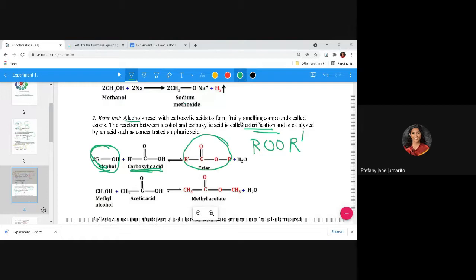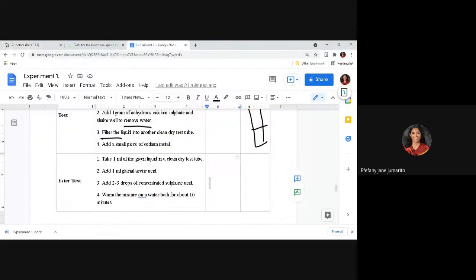In your laboratory, an ester forms fruity smelling compounds, because fruits are esters. If we produce a fruity smell, then it is an ester.